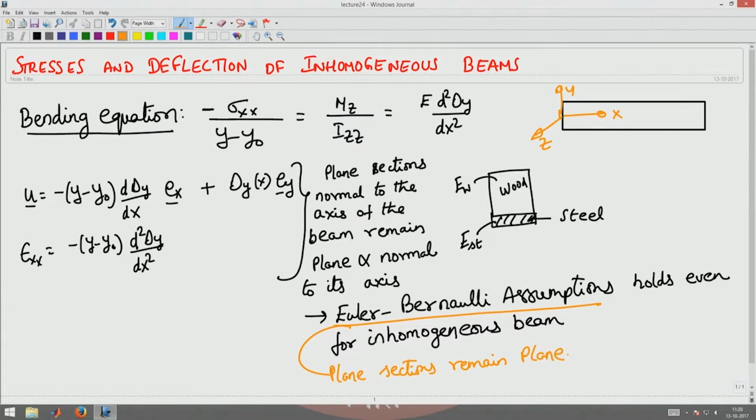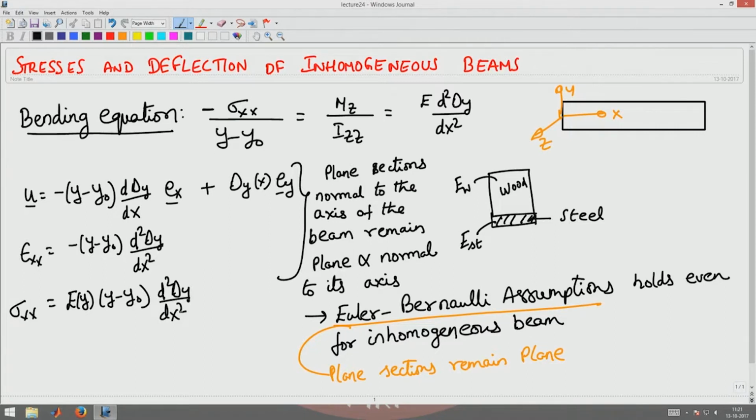Now, the sigma xx stress would be given by E as a function of y into (y minus y naught) d square delta y by dx square.